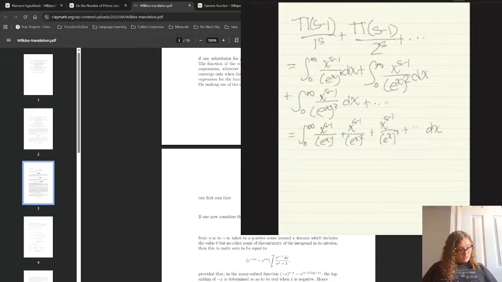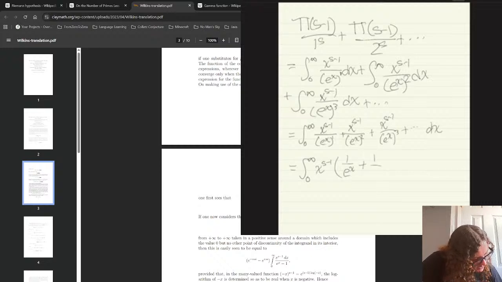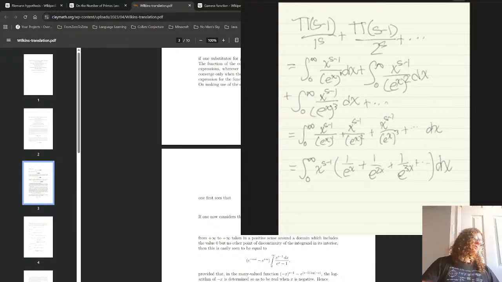Now if we factor out an x to the s minus 1, then we get the integral from 0 to infinity of x to the s minus 1 times 1 over e to the x plus 1 over e to the 2x plus 1 over e to the 3x, and so on. Okay, this is starting to make more sense.